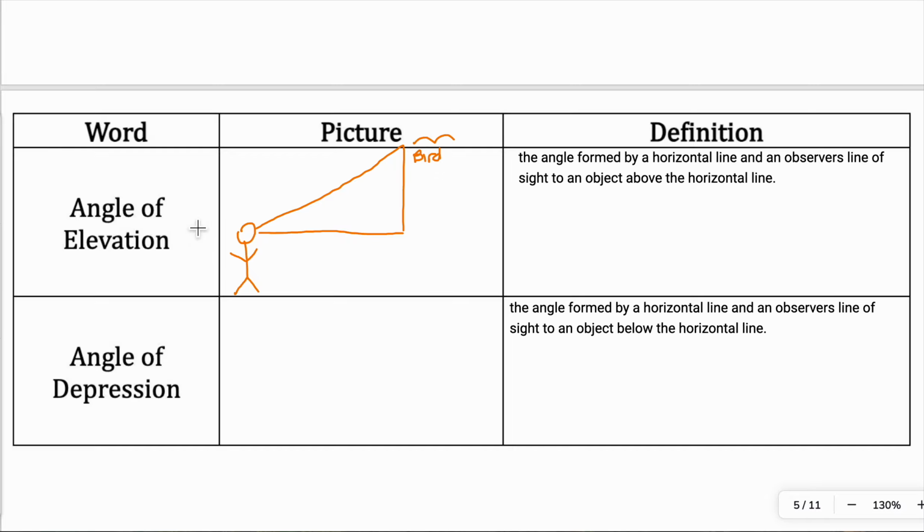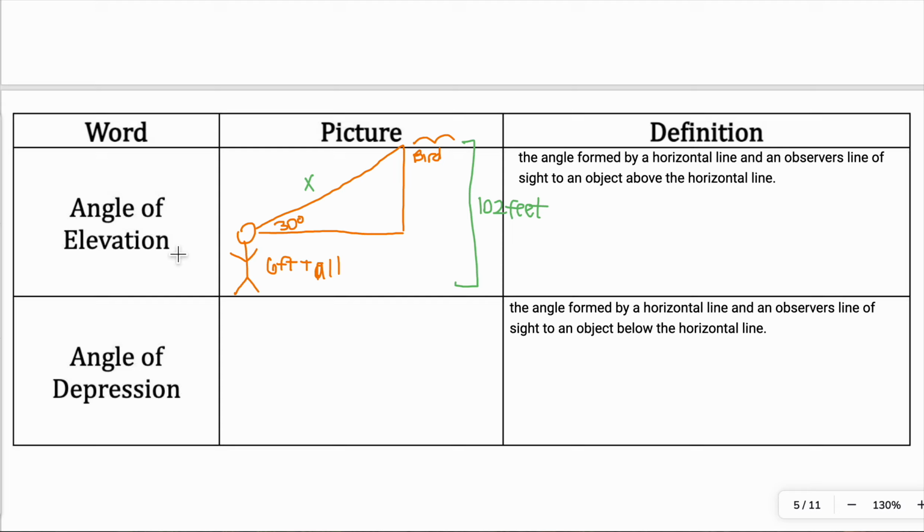They'll tell you in the problem, like, the angle of elevation is 30 degrees and the person is 6 feet tall. And they might say the bird is flying at an altitude of 102 feet. So we would use the trigonometric ratio to figure out how far that person is from the bird.